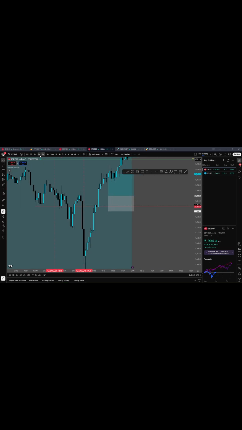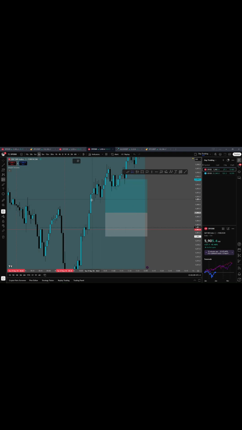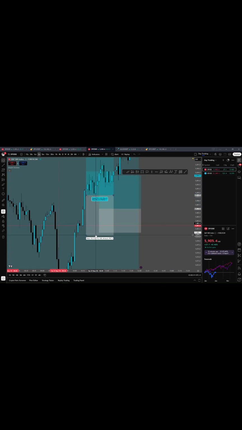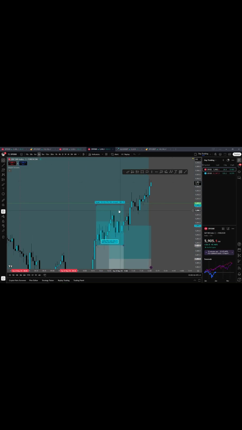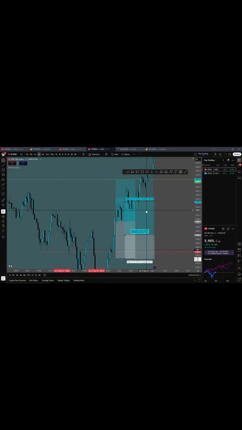But if I were exact, I would have taken the trade off here, and then I would put my stops probably also below here. It's the same trade, but with just a worse risk to reward.